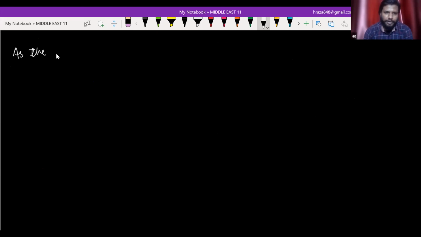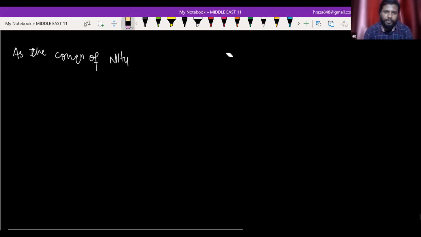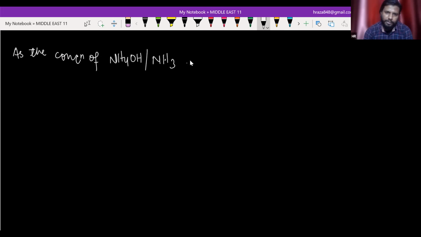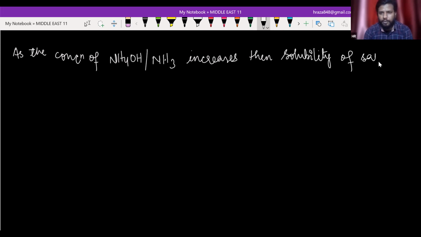As the concentration of NH4OH or NH3 increases, then solubility of salt further increases.